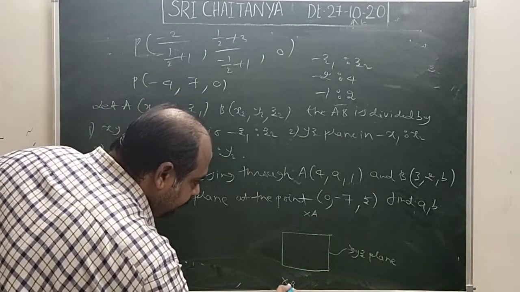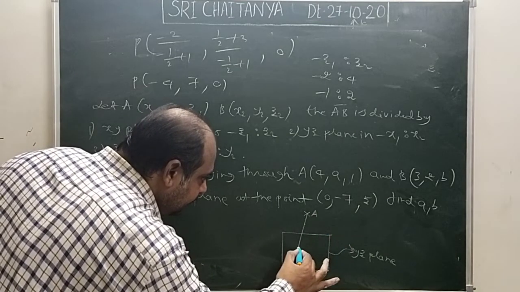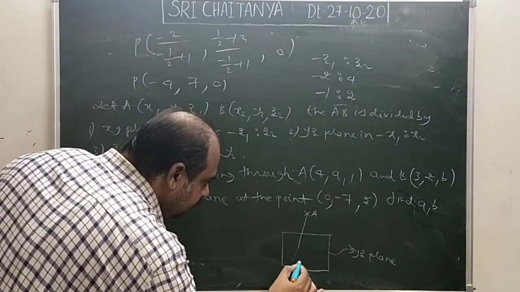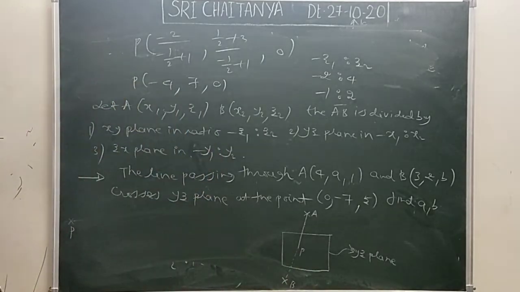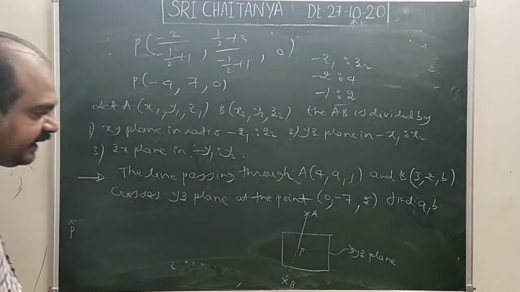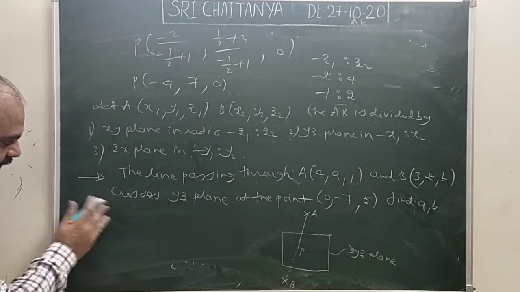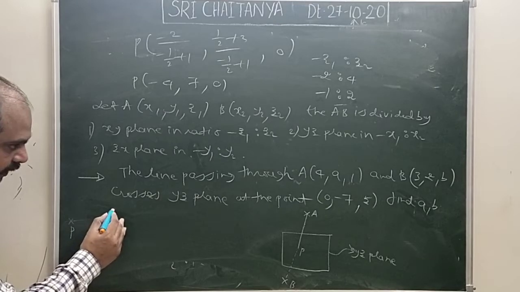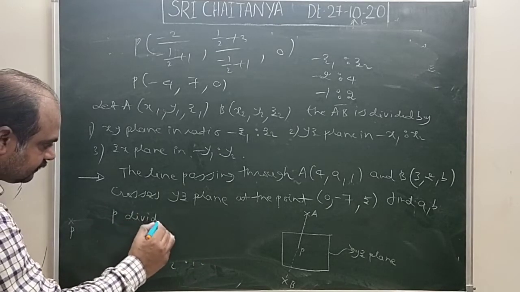This line joining A and B is crossing the YZ plane at P. That means the YZ plane divides in which ratio, you know?